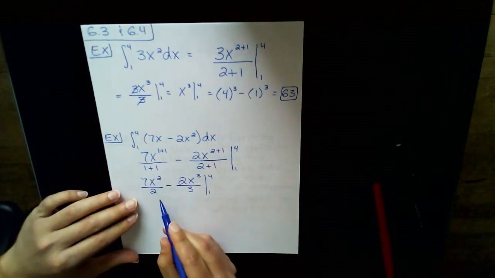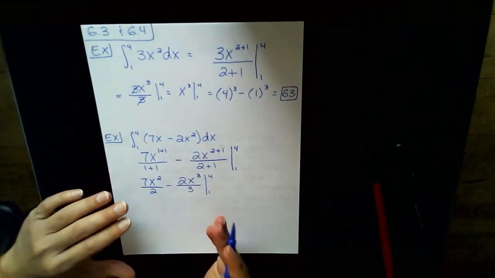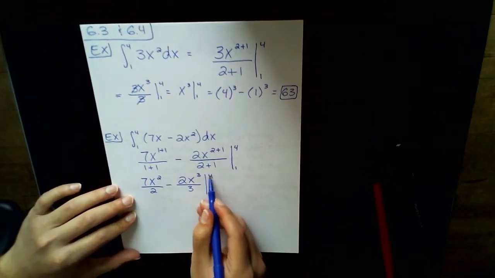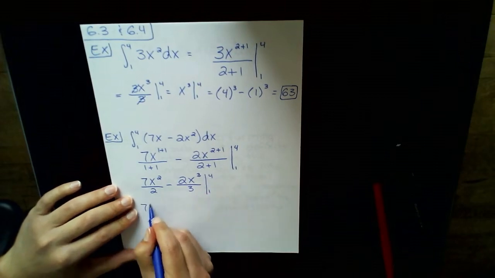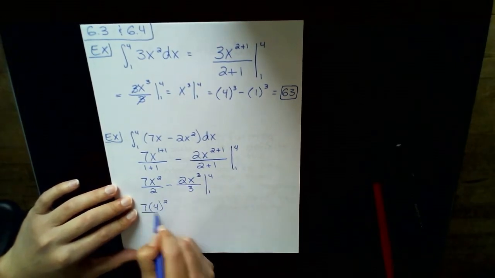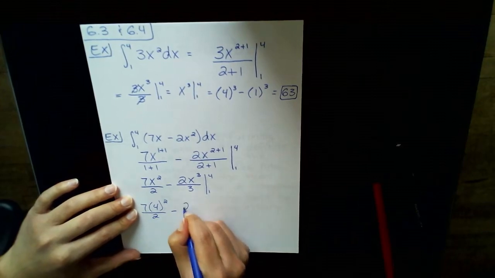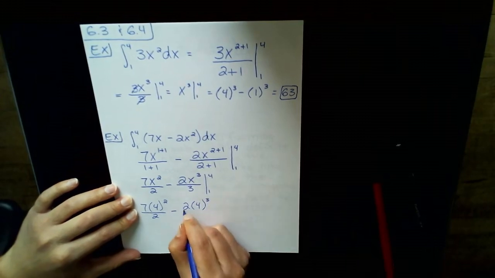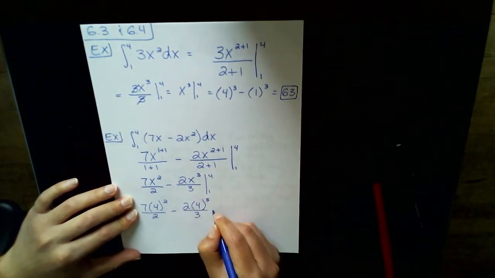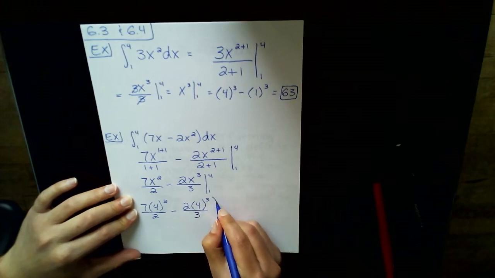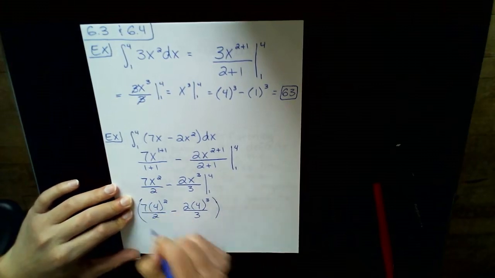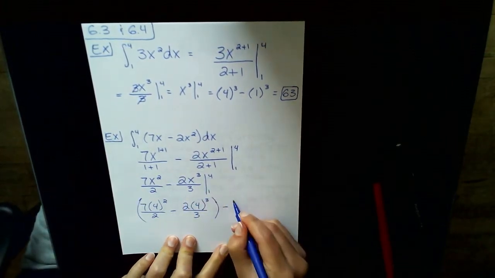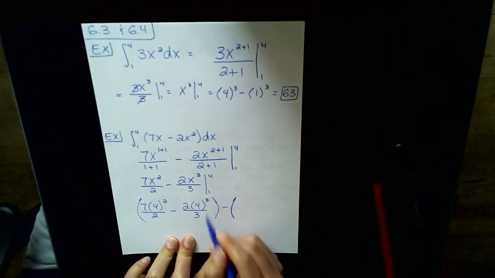And remember, once you've taken your antiderivative, you now plug them in and subtract. So we start with the top value always. We get 7 times 4 squared over 2 minus 2 times 4 cubed over 3. And this is all going to be minus, so once we plug in the top value, we now subtract when we plug in the bottom value of 1.